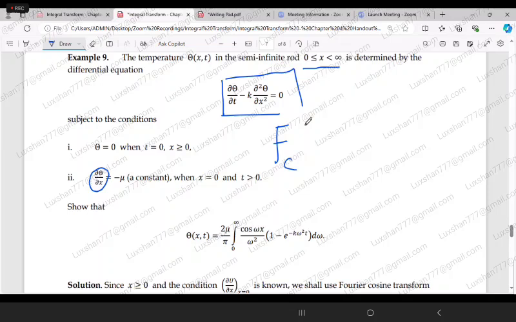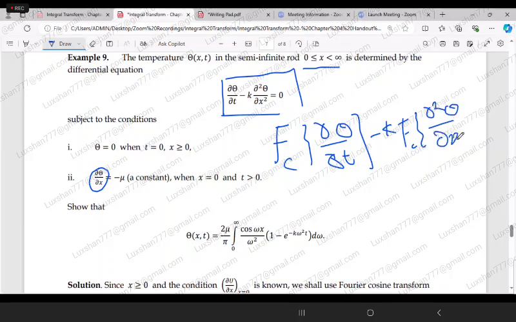So Fourier cosine transform. The partial derivative of theta with respect to t, minus k, where kappa is a constant, into the Fourier cosine transform of the second partial derivative of theta with respect to x squared equals 0.